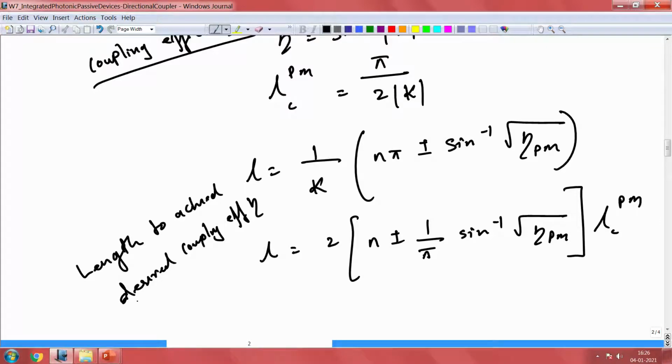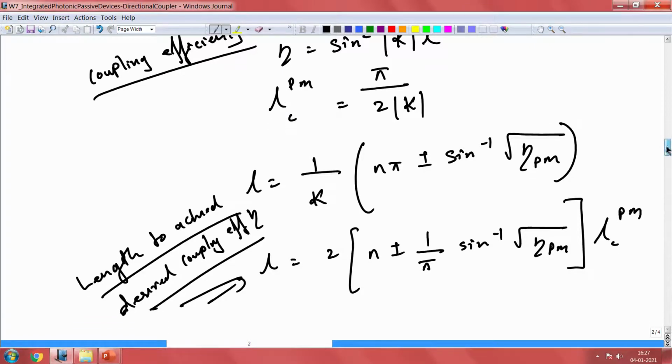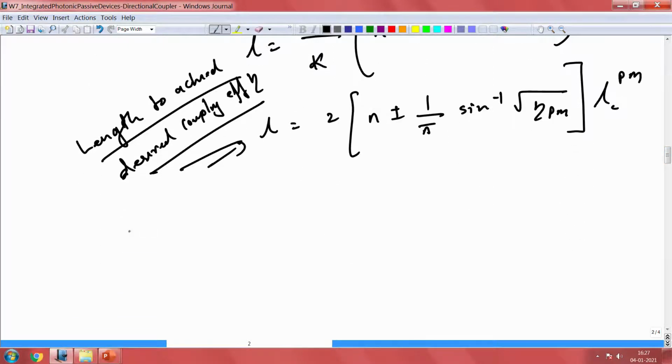So, now for perfect coupling you will have this eta as 1, right. So, there is a complete power transfer, okay. But then you may want to have this as 0.5, right, 50-50 power coupling. In those cases you may want to find what is the length, and you can easily find it. So, let us say I want 50-50 power splitting.